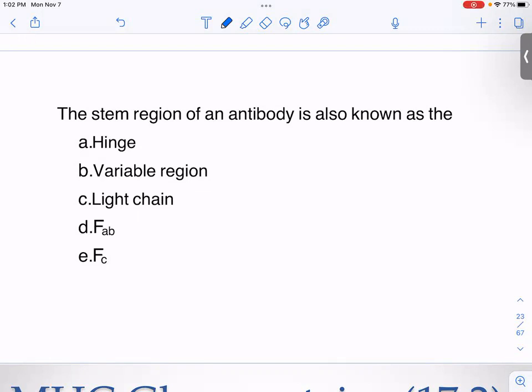It's the Fc portion. Another name for that is stem. The Fab stands for fragment of antibody binding. That's the ends of the Y that actually come in contact with the epitopes of antigen. Right, the variable region is on the Fab region, and that's made up of both heavy and light chain. So, all right, any questions from last time?